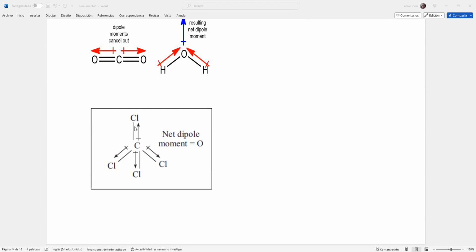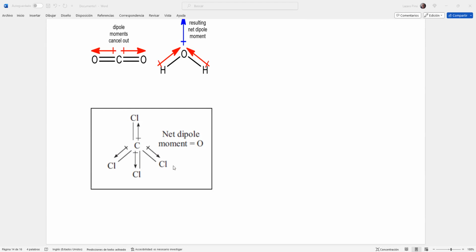But because of the structure of this molecule, these dipoles are canceled out, and the net dipole moment of this molecule is zero. So carbon tetrachloride is non-polar, even though every single bond is polar.